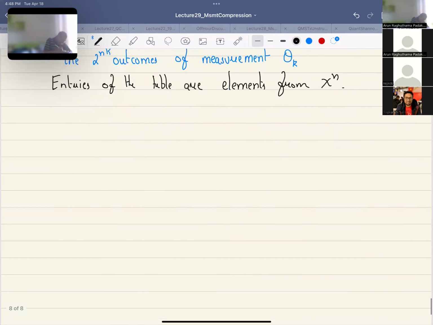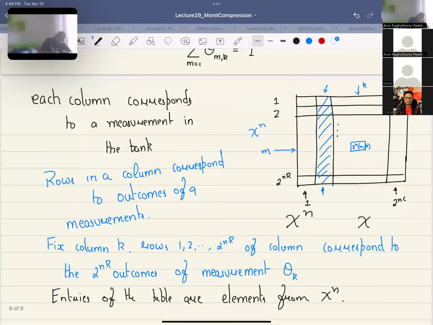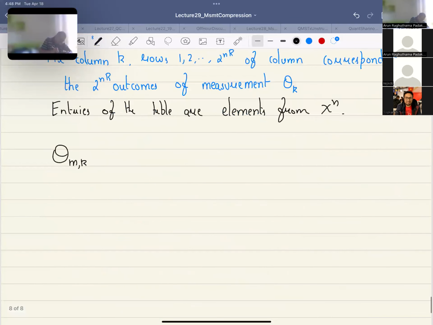What is theta mk? Theta mk is the mth operator in the kth measurement. So I told you it corresponds to the entry in the mth row, kth column, right? So what is this theta mk?